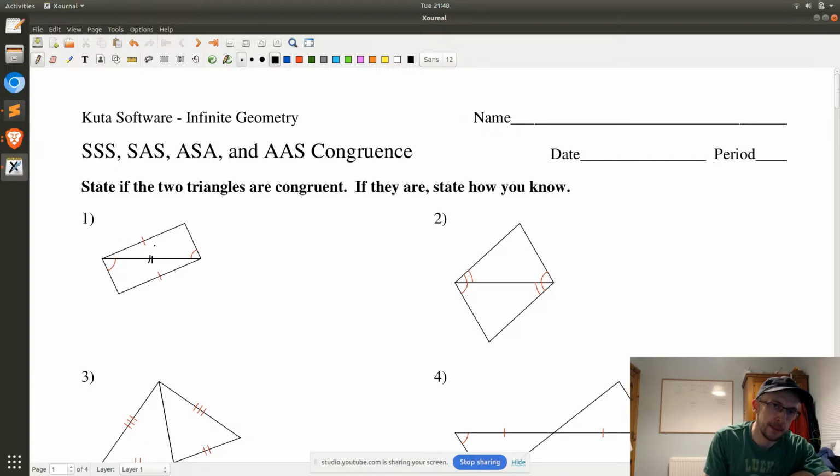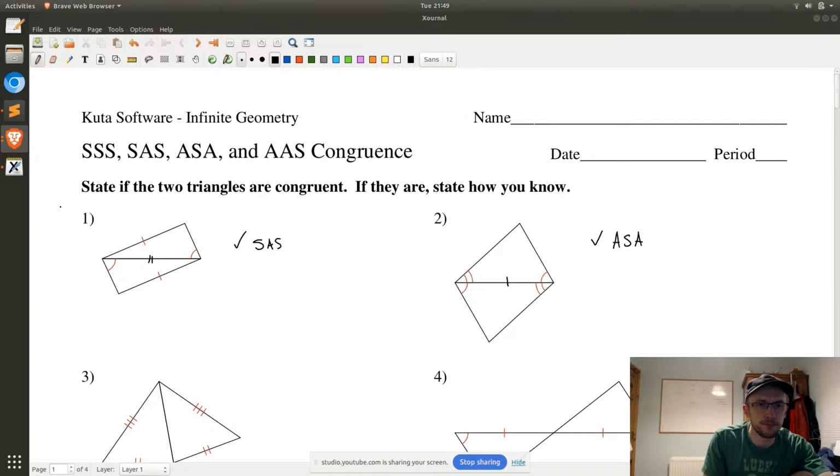Wow, okay. I would think so. This one I know for sure. This is angle side angle. I guess I don't actually know that for a fact for this one, but we'll check.